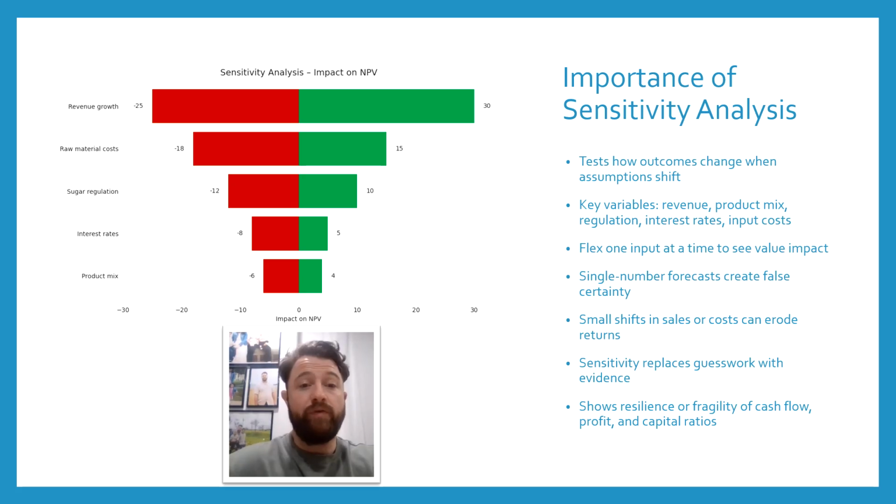This matters because forecasts built on single numbers can create false certainty. A model may look sound at base case, but a small move in sales or costs can erode returns. Sensitivity testing replaces guesswork with evidence. It shows decision makers how fragile or how resilient cash flow, profit, and capital ratios really are.